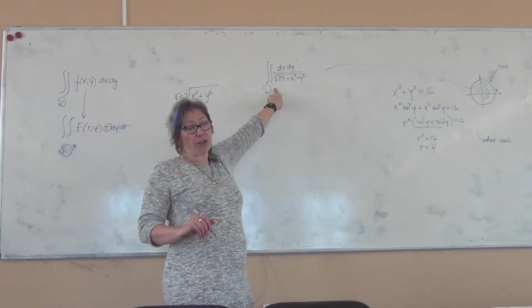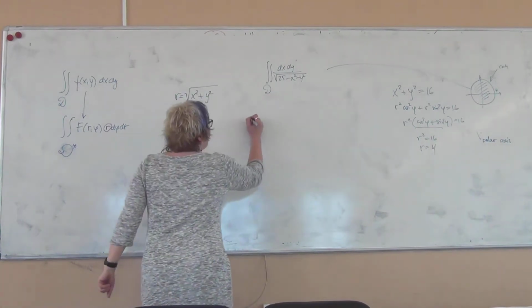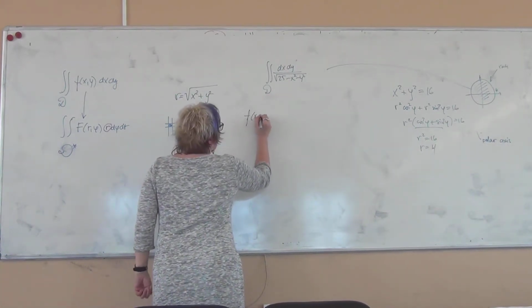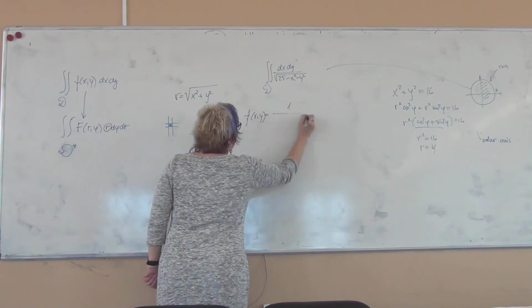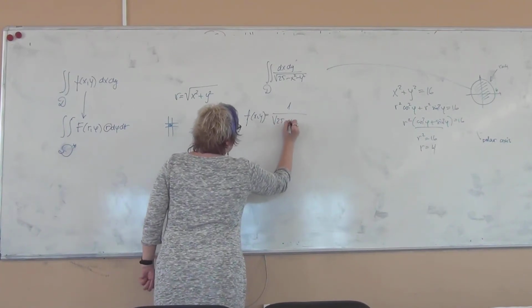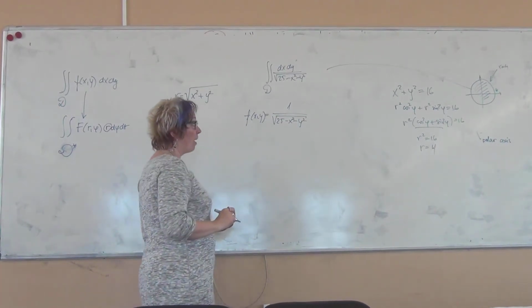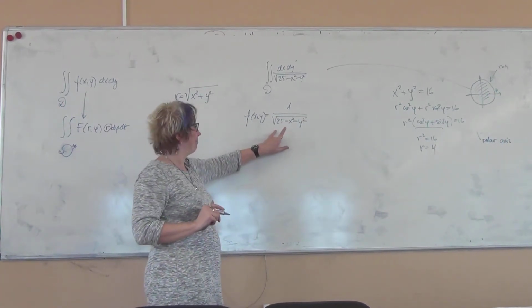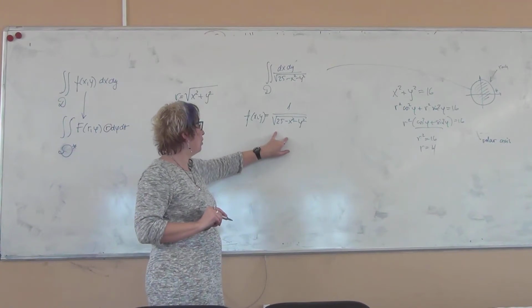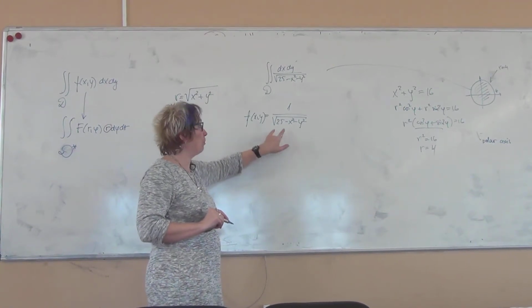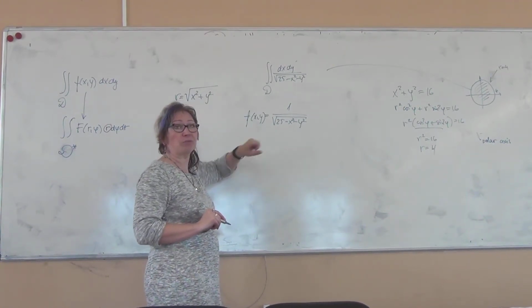Now let's change the function. The function we have in terms of x and y is 1 over square root of 25 minus x squared minus y squared. How do we change this function?